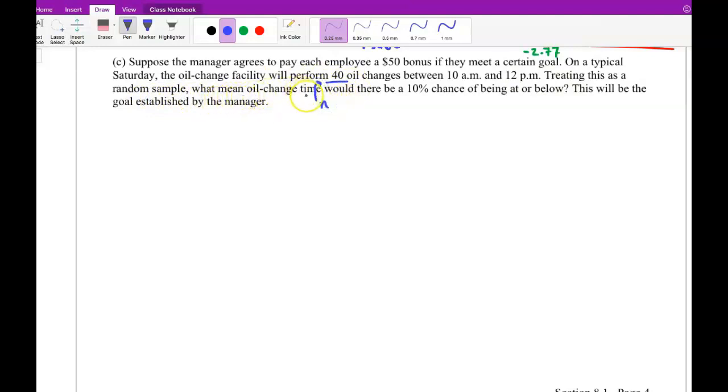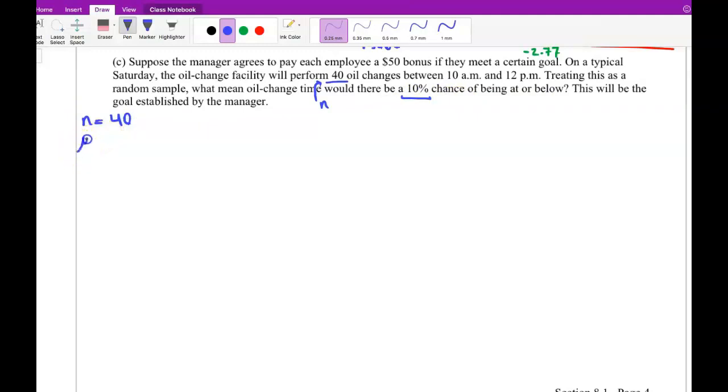What mean oil change time would there be a 10% chance of being at or below? Okay, so we have 10%. Sample size is 40.